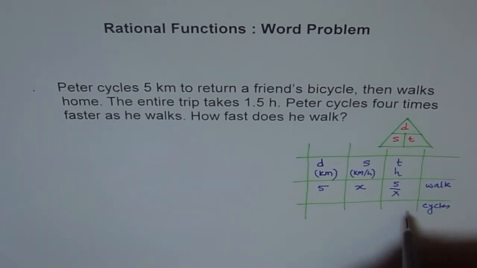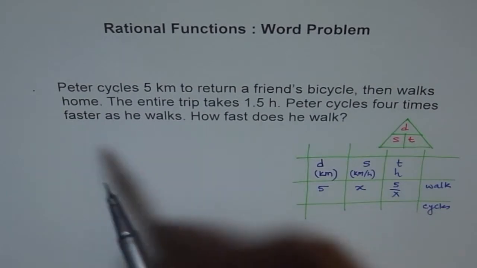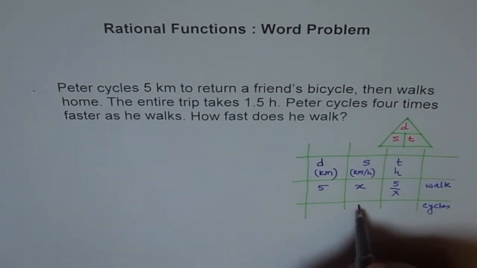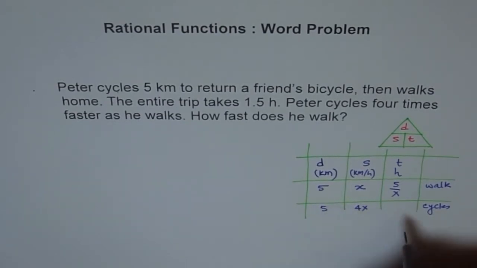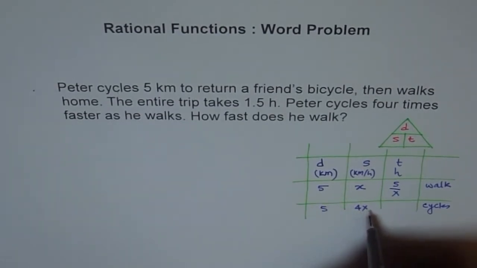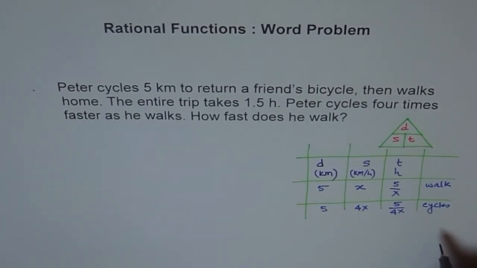When he cycles, the speed is 4 times x, since Peter cycles 4 times as fast as he walks. Distance covered, of course, is the same, 5 kilometers, and if you are cycling at a speed of 4x, then the time taken should be 5 over 4x. Perfect. So we get this kind of a table here.